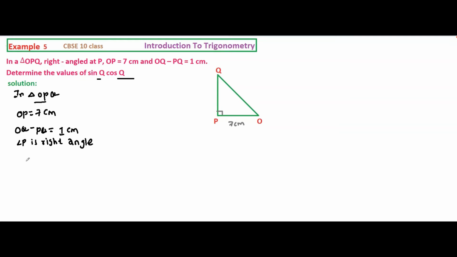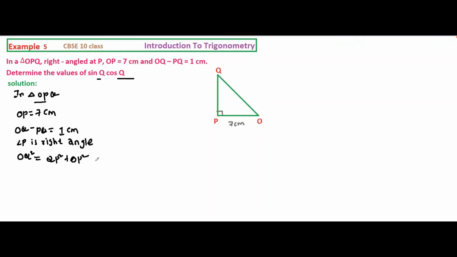So we are applying the Pythagoras theorem. Hypotenuse square, OQ square, equals side square plus side square: QP square plus the other side, OP square.